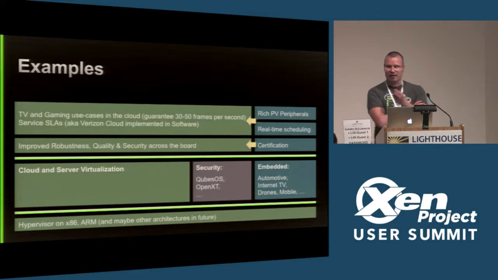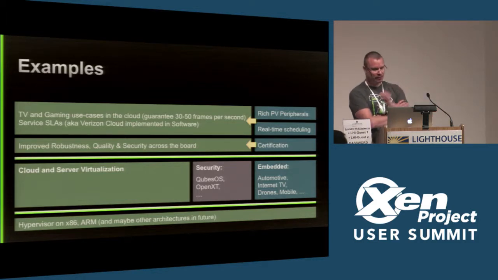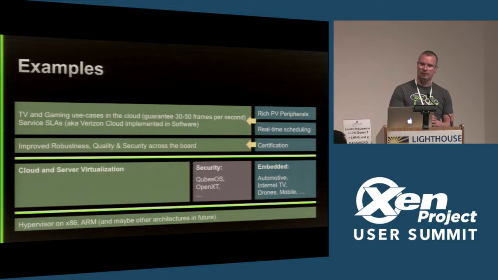What Verizon does, and I showed that at the Developer Summit, is they have very strict SLAs. So as a user of their cloud, I can say, I want exactly that much bandwidth, that much CPU power, and so on and so forth, and that's all you get. You won't get any less, and you won't get any more.